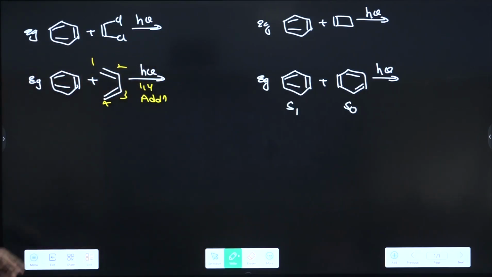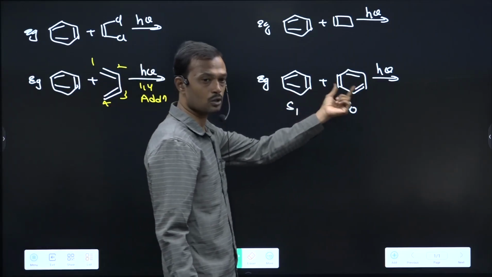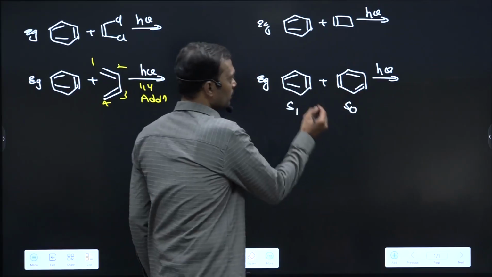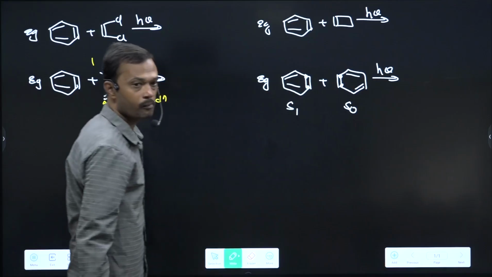Take down these questions, you work out later. Here 2 pi cycloaddition takes place between excited benzene and ground state benzene. Both are possible. So this will combine with this and form a 4-membered ring.